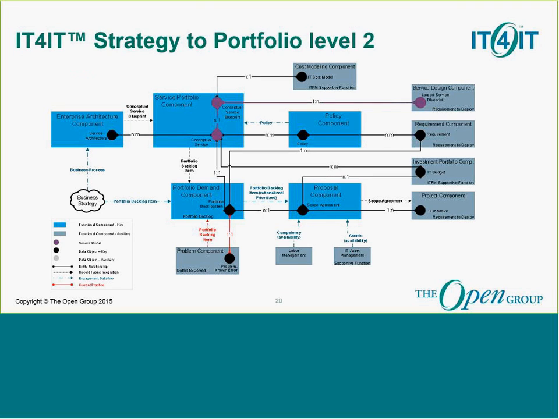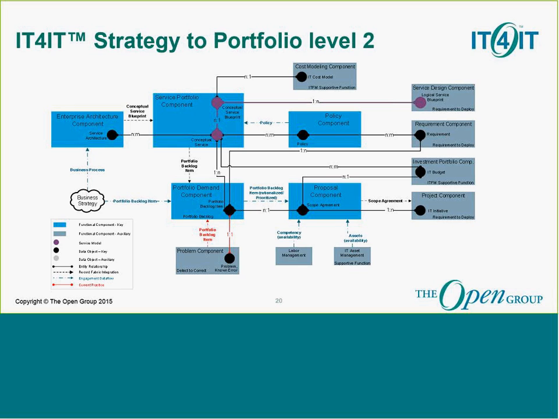This is architecture, so this is a little bit deeper dive into those functional components and their data artifacts, and includes the relationship of those artifacts to their surrounding world.